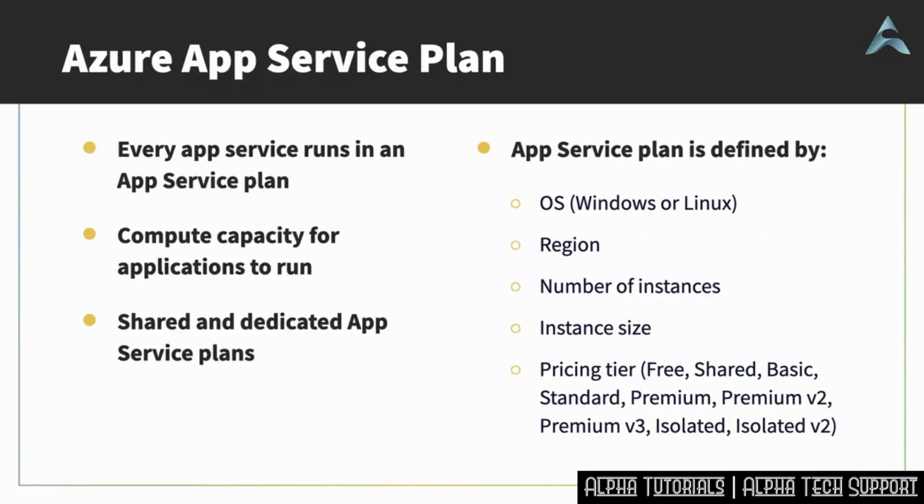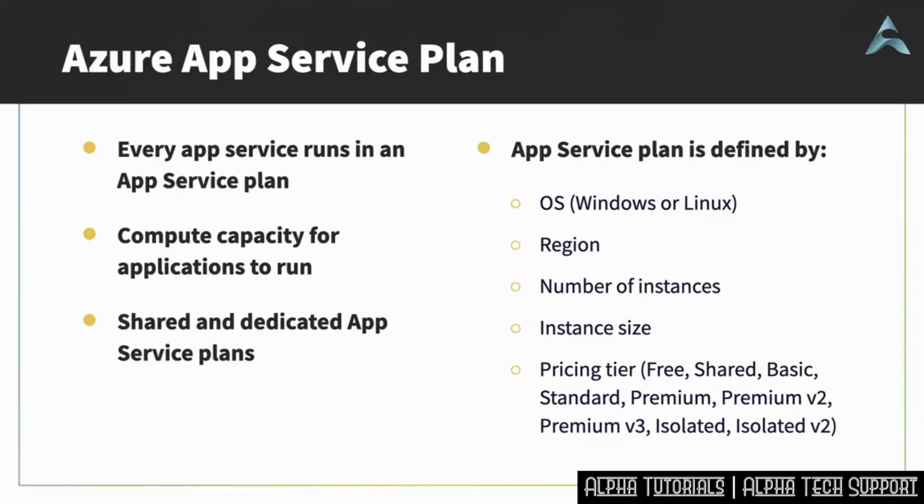If we want to do a small comparison with the traditional on-prem technology, this is the server farm, a set of virtual machines where we run our websites. We can also have one or more applications running in the same computing resources, or in this case, in the same Azure App Service plan.